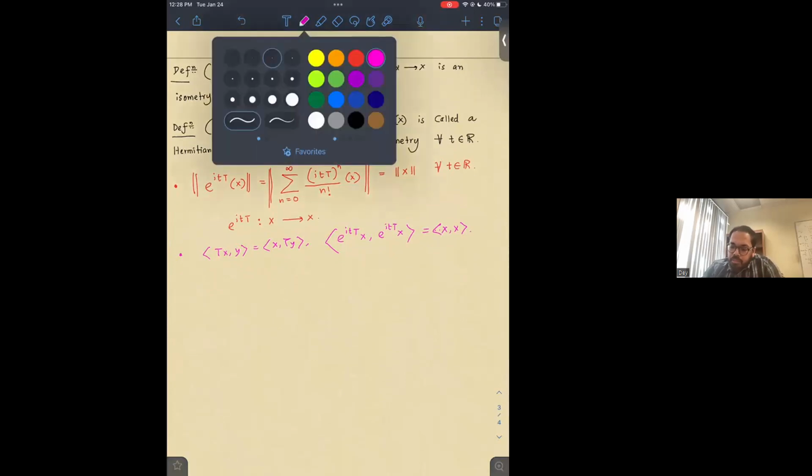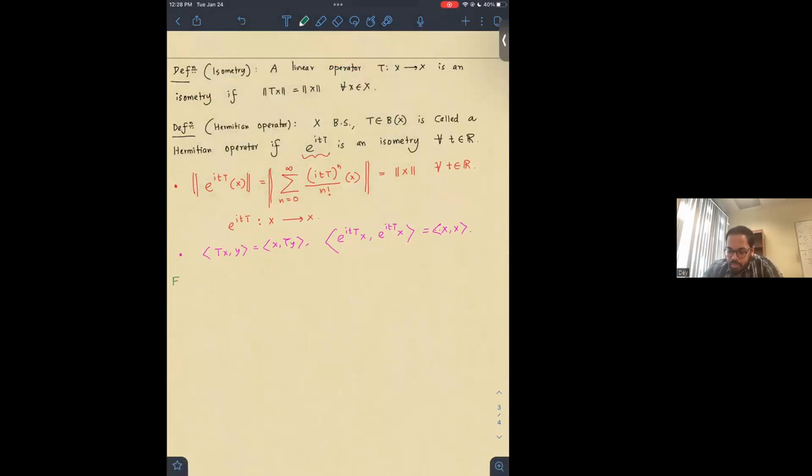Time for an example, maybe. I always prefer giving the simplest examples, and here it is. I'm just going to give you a trivial Hermitian operator. There are many examples that can be given, but this one is the trivial one.